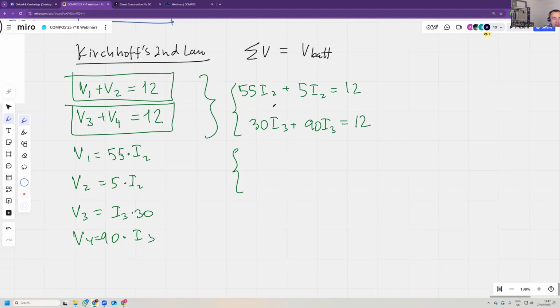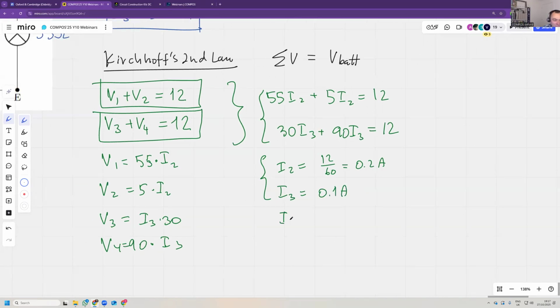We can immediately find I2, which is 12 divided by 60, which is 0.2 amps, and I3 is 0.1 amp. And I1 is I2 plus I3, we already know, is 0.3 amps.